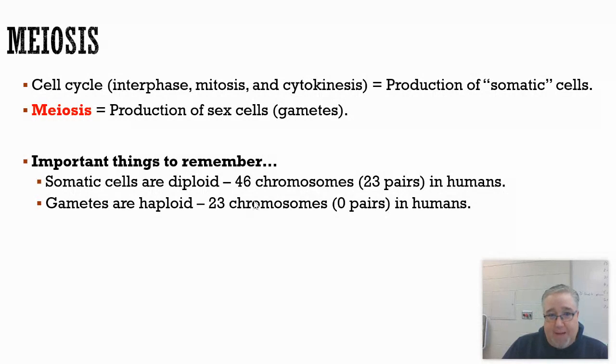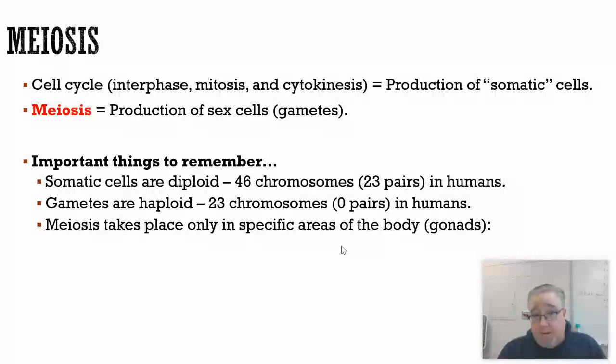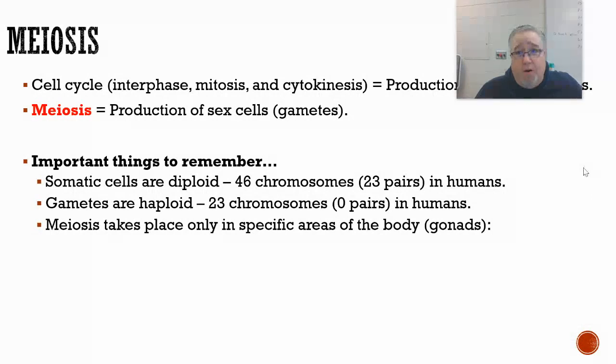So there is a big difference between somatic cells and sex cells. If we're talking about a cell cycle, we're producing somatic cells, cells that have 46 chromosomes. Whereas if we're talking about meiosis and producing sex cells, we're producing cells that have 23 chromosomes.